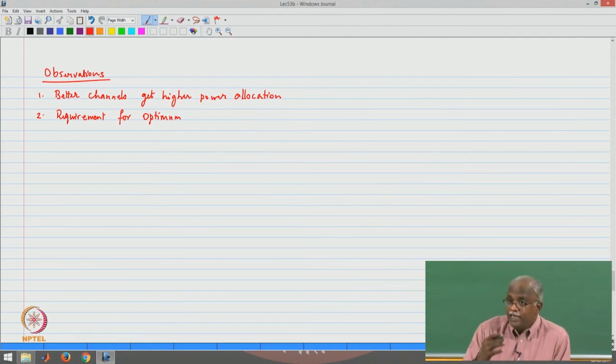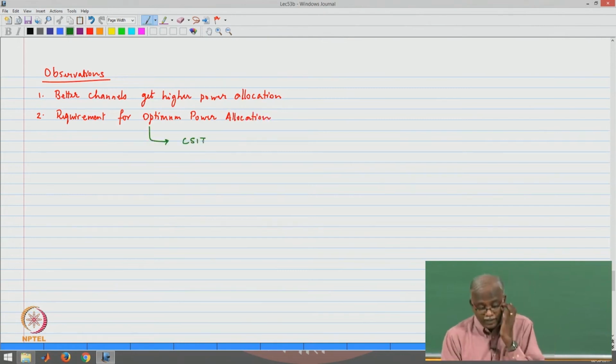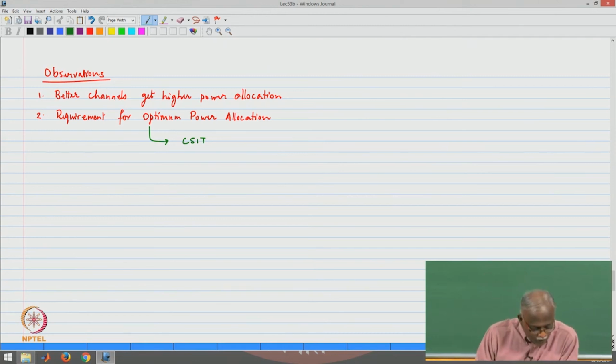So the transmitter has full knowledge of the channel. So this optimum power allocation is possible only if we have knowledge at the transmitter, CSIT. It must have knowledge at the transmitter, and based on that understanding of which channel has how much SNR, we are then able to do the power allocation.